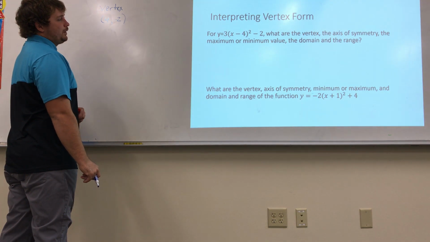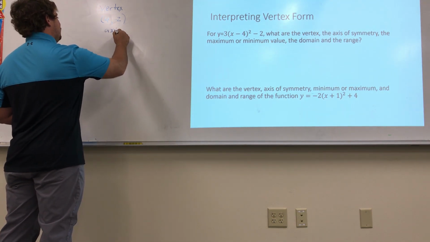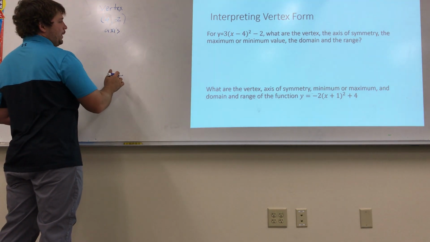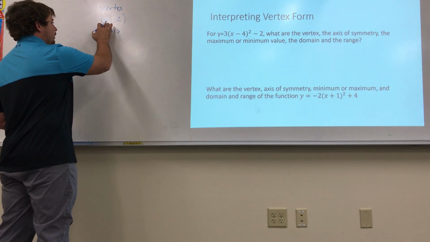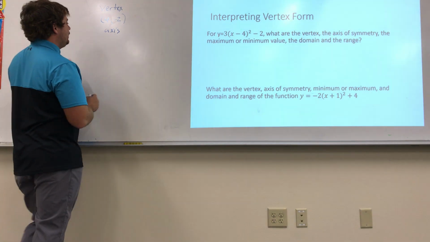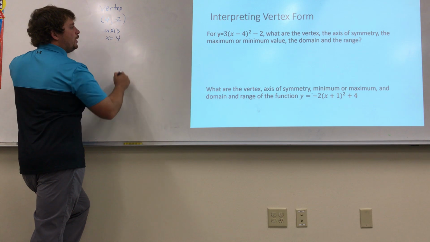Alright, the axis of symmetry. Well, the axis is going to go through the point in which this is at. Okay, so my axis of symmetry is going to go through the x coordinate on my vertex. So my axis of symmetry is going to be x equals 4.